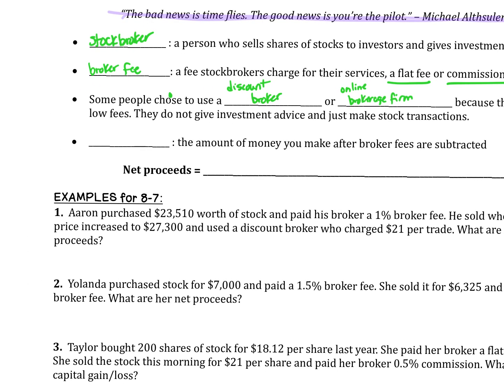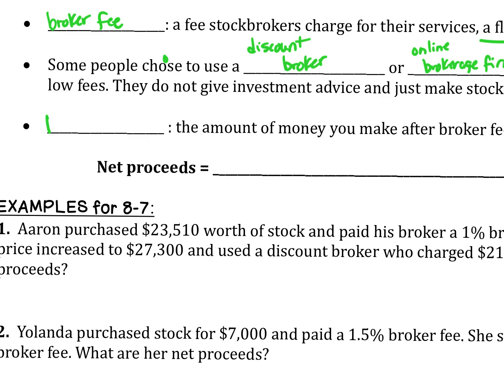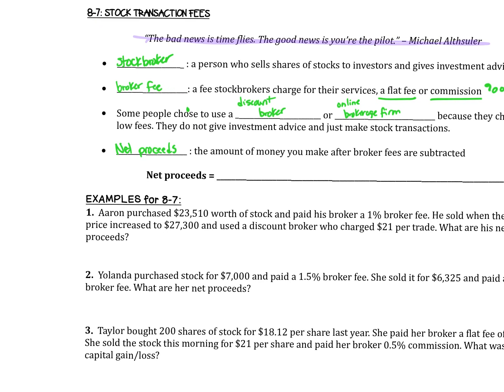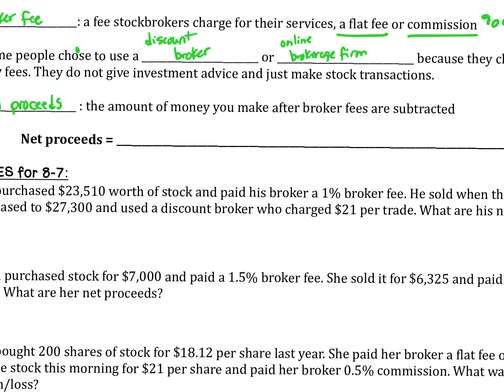So net proceeds is the term used to basically say how much do you make, what's your capital gain, minus those broker fees. So net proceeds means it's considering all of the different fees. Most broker fees, there's gonna be a fee for buying and for selling, so front end and back end, right?